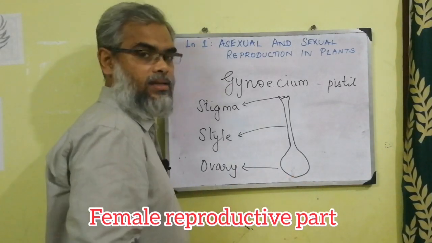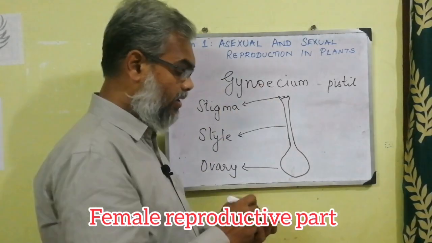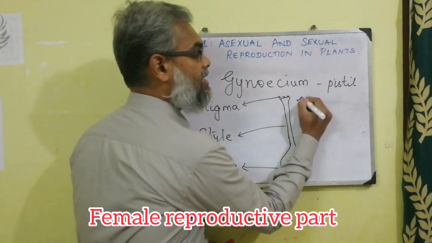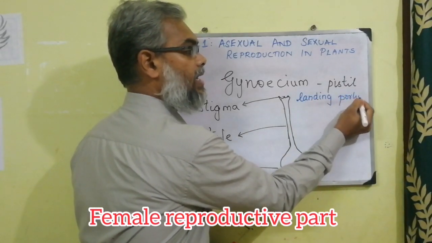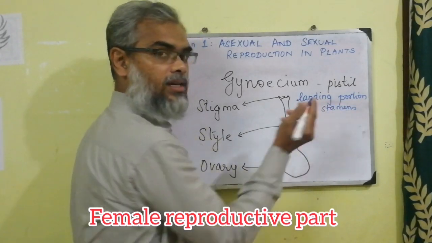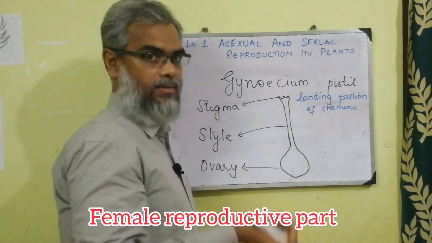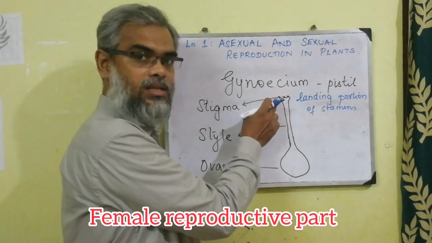Now, again, we have to learn something in detail about these parts. What is the role of this stigma? Stigma is the landing portion of pollen. We already said that pollen grains will be liberated from anther and then the pollen grain will reach the stigma.